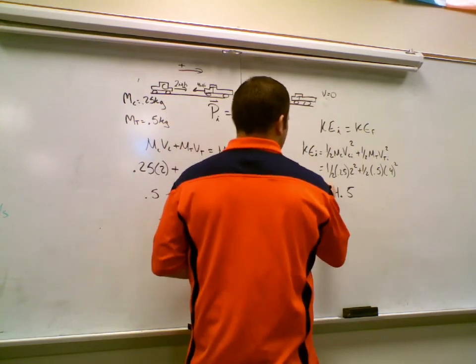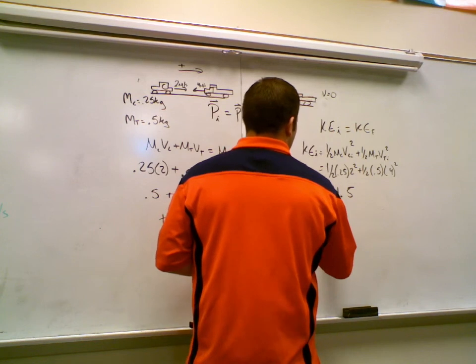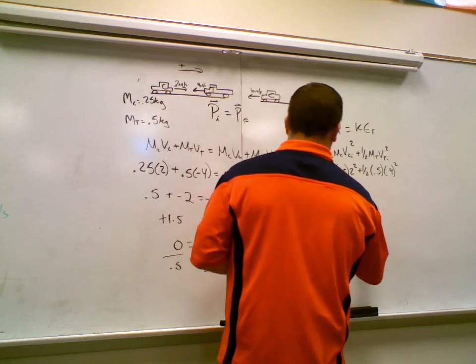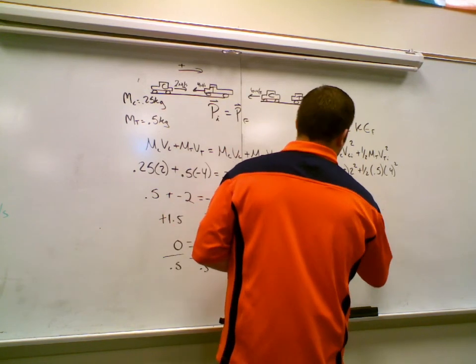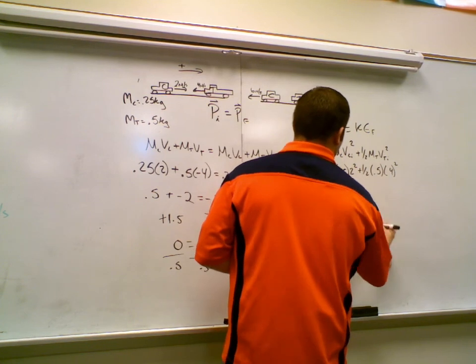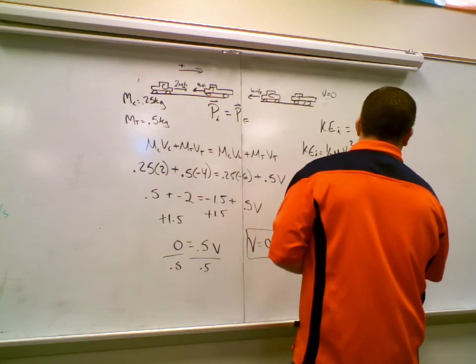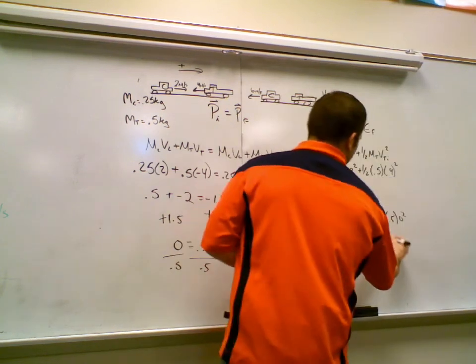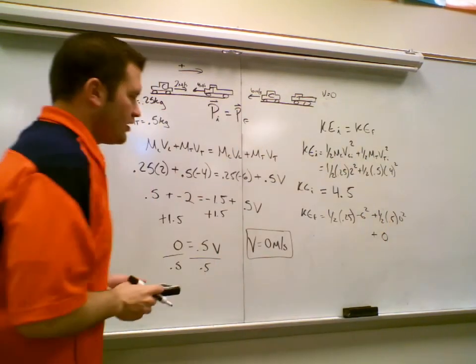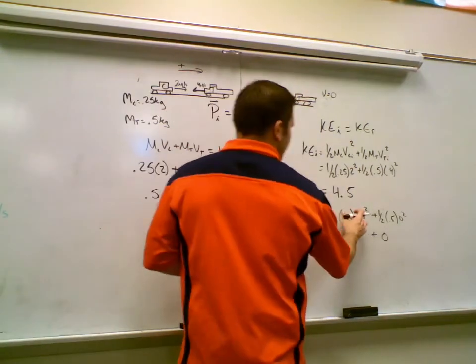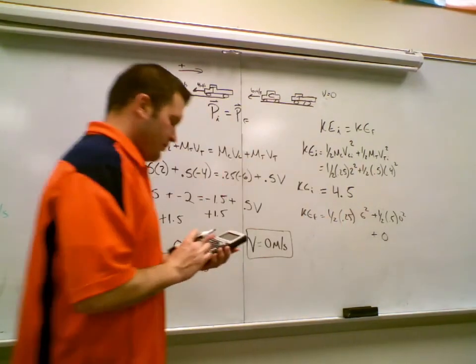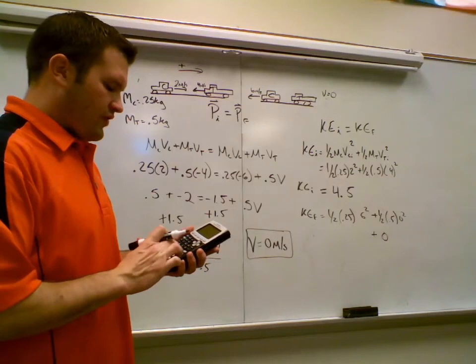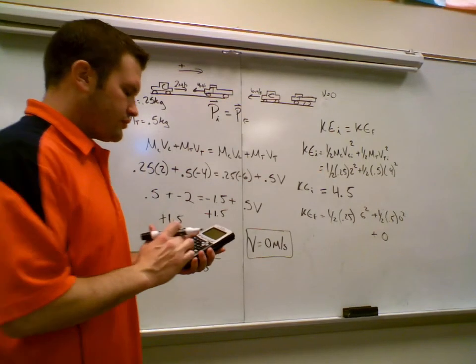KE final is going to be 1/2 times 0.25 times negative 6 squared plus 1/2 times 0.5 times 0 squared. Well, this one's 0. Once again, I'm going to erase my negative sign so I don't mess my calculation up. 0.5 times 0.25 times 6 squared.